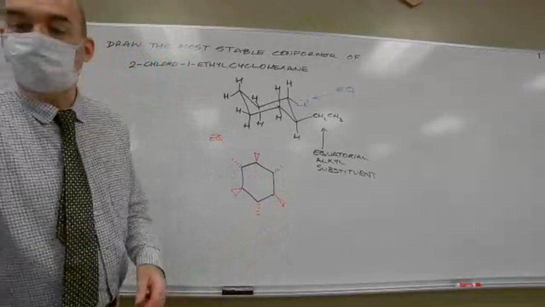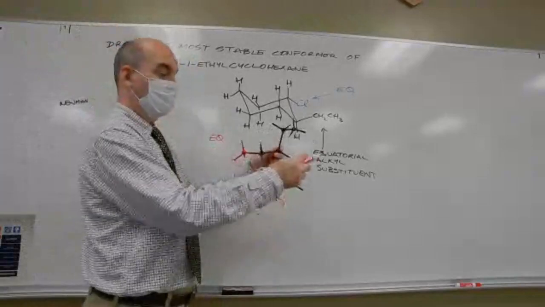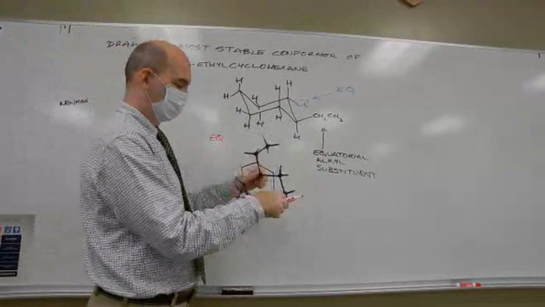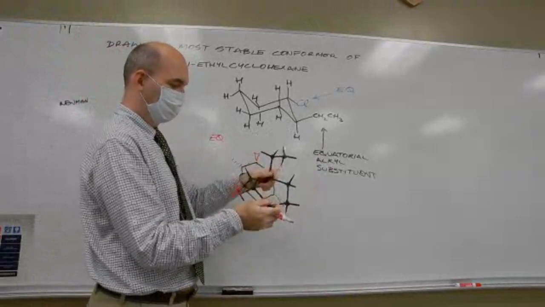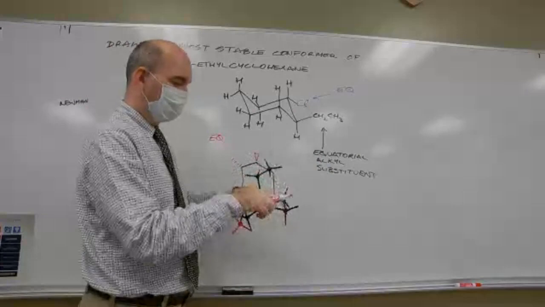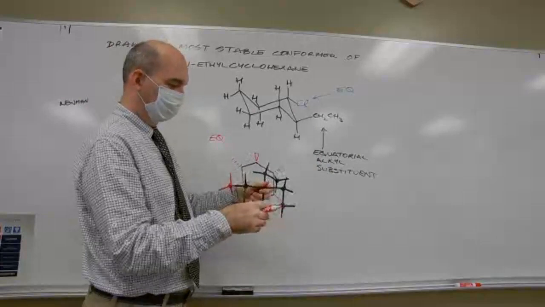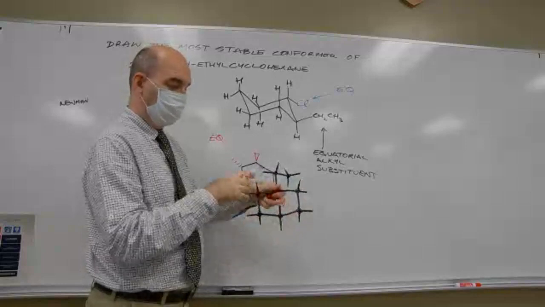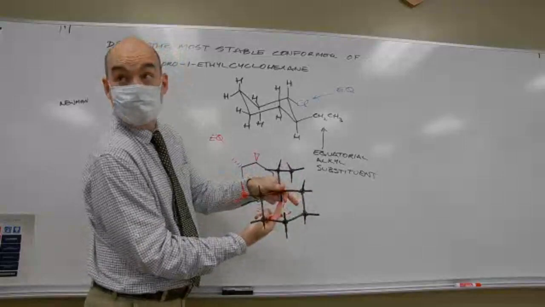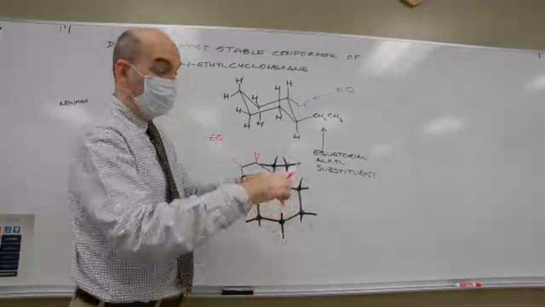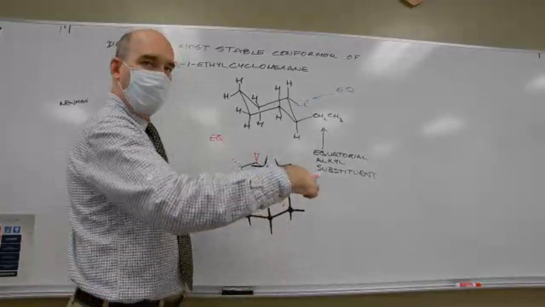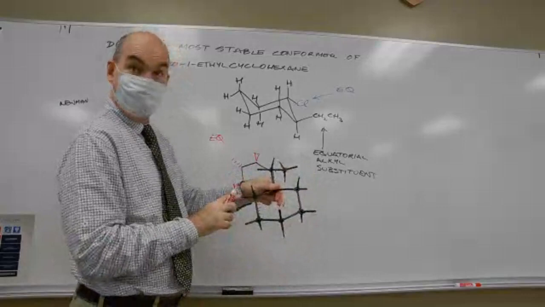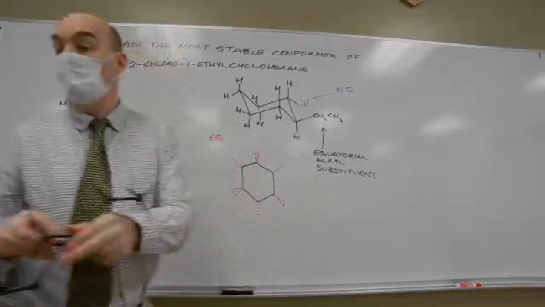If we were to look at the axial positions in this ring, up, down. Where am I? I've lost my way. It became a boat. Up, down, up, down, up, down. The axials alternate up and down. The equatorials, a little bit down, a little bit up, a little bit down, a little bit up, a little bit down, a little bit up.